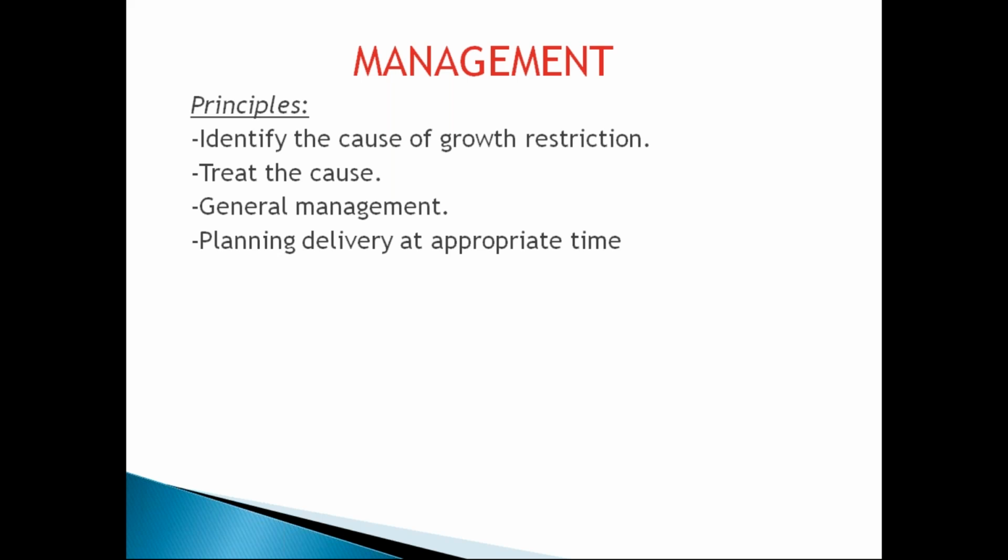And plan for delivery. At what time you will deliver, whether you allow her till term or you have to terminate before that. You have to see all these things. All this management depends upon it, because you are not alone seeing this baby. You need your staff, the gynecologist and the pediatrician. More important is the pediatrician.